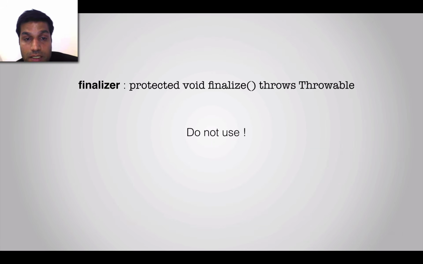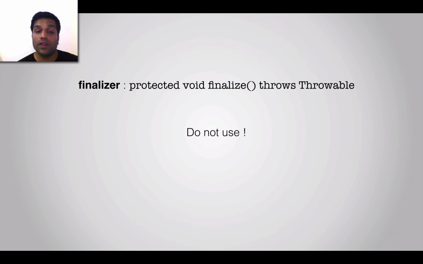That method is guaranteed to be called when garbage collection happens on your object. So this is kind of misleading, because in the olden days, people used to put statements like database connection.close or IO streams.close, all this kind of expensive resource they used to close in the finalize method, assuming that it will be called anyway at the end of execution, and all these resources will be freed at that point.